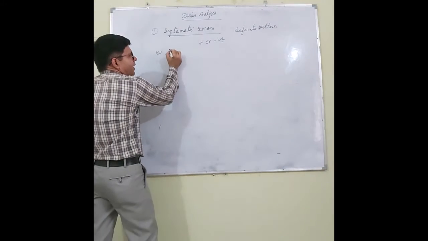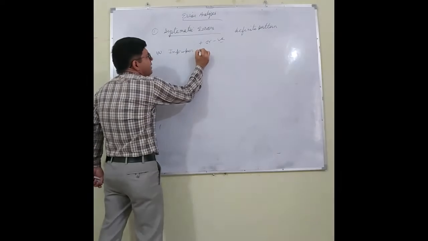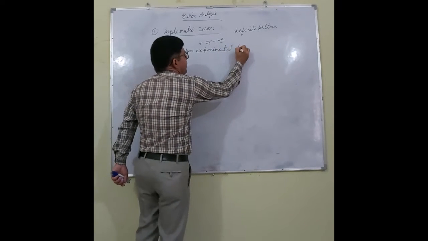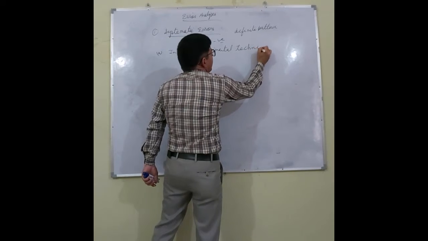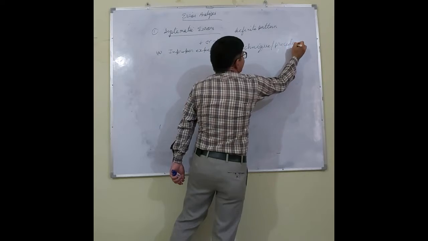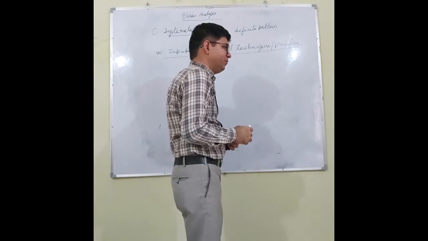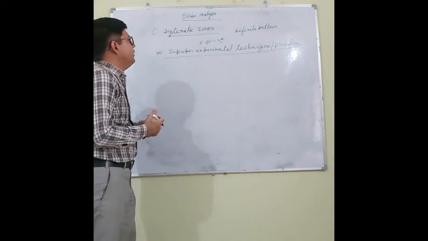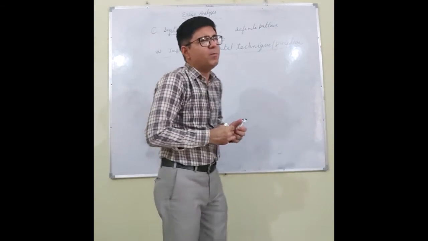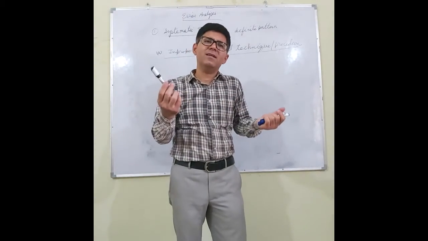First is improper experimental technique or procedure. For example, if I ask you to measure body temperature, and you put the thermometer under your armpit, will you be able to get the exact temperature?